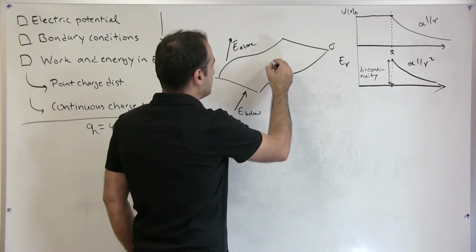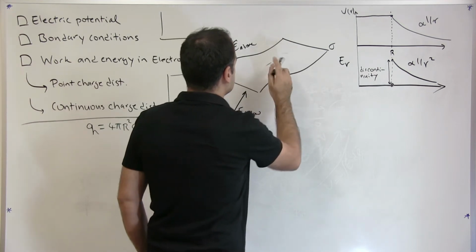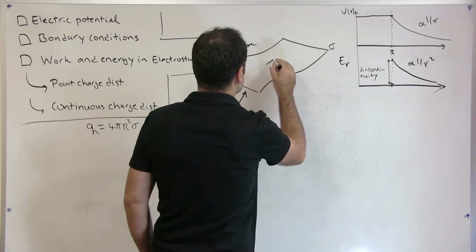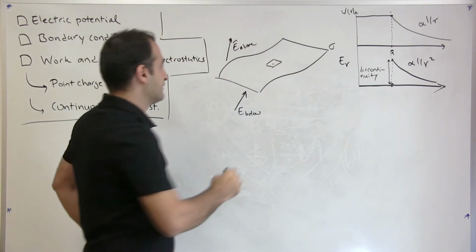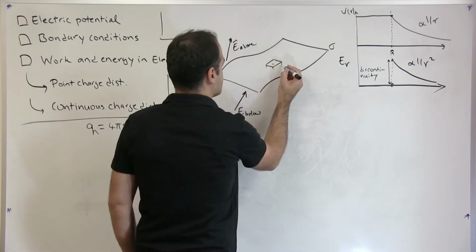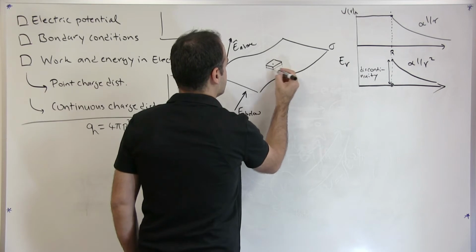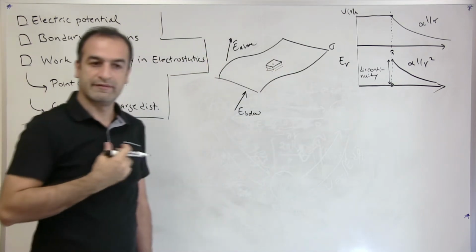So if I want to look at one point here, what I can do is choose a box that sits a little above the surface, like this, and extends a little bit below the surface.